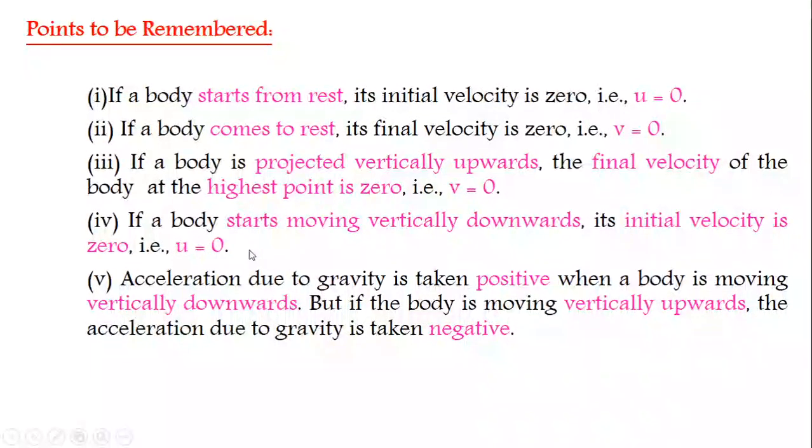If the body starts moving vertically downward, the initial velocity is 0, u equal to 0. The acceleration due to gravity is taken as positive when the body is moving in the vertically downward direction.